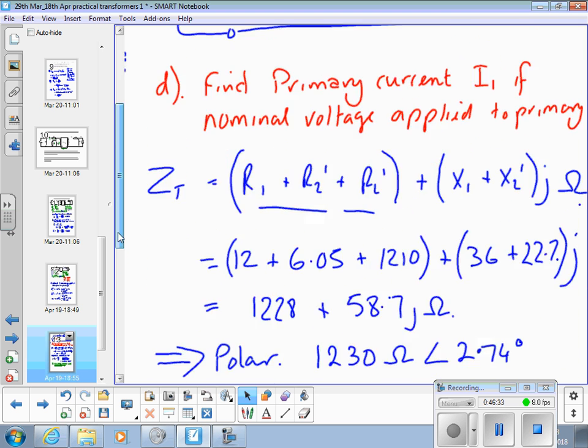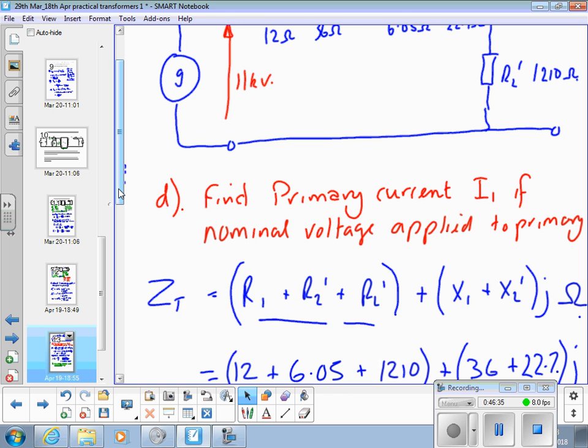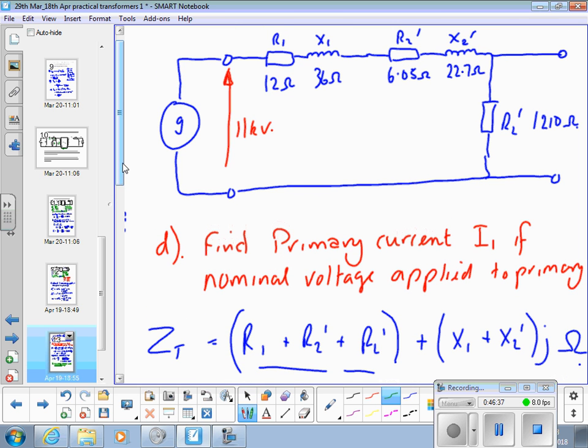How do we find, knowing that we now know the current flowing here, IP, how can we find the current flowing in the secondary? How do we transfer current?